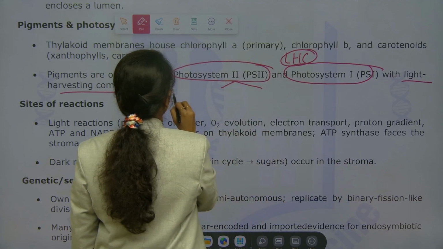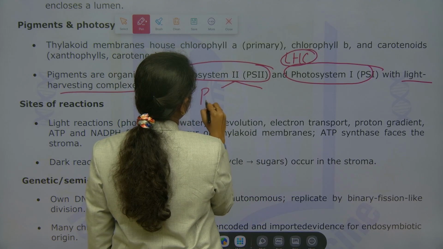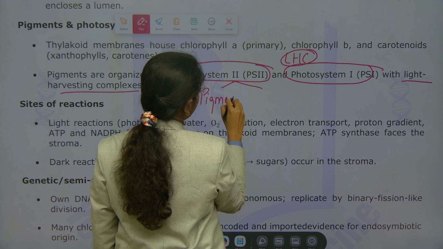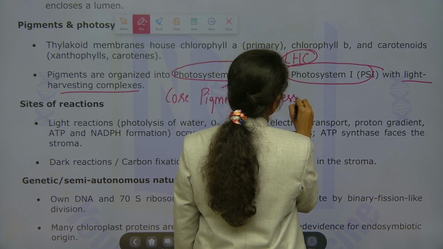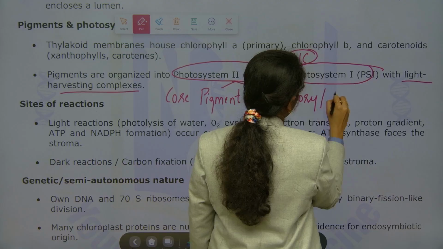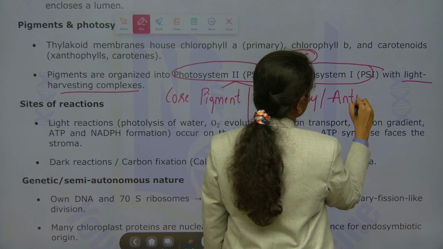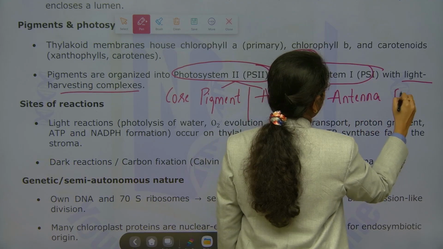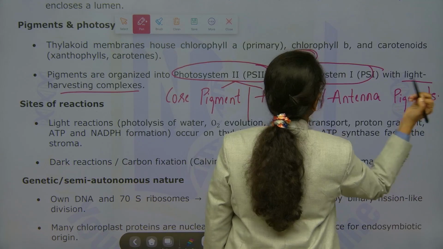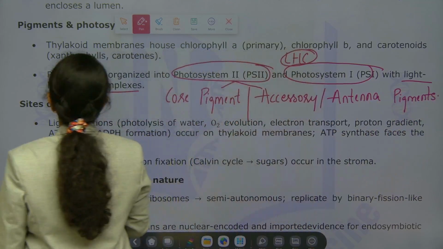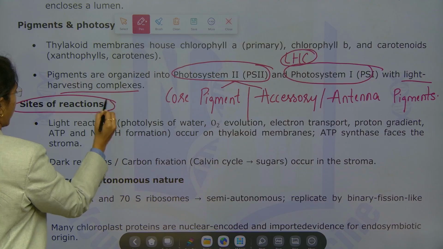One is core pigment. Second one is accessory or antenna pigments.